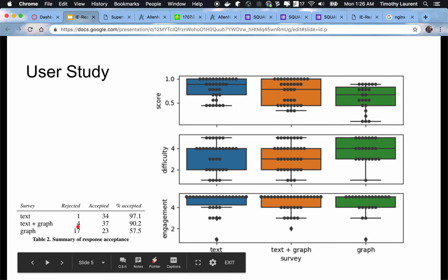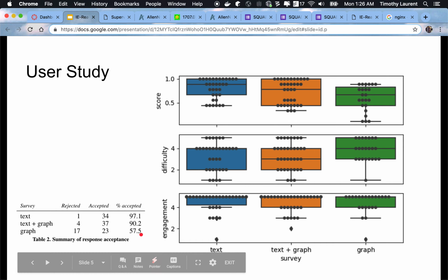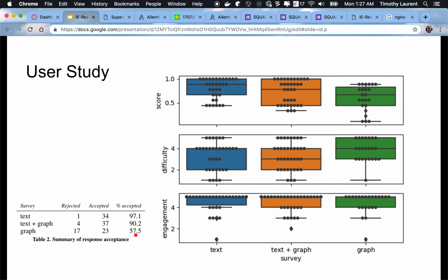Some of these were because there were duplicate answers, so I'm not sure that this is really indicative of much. I think this could have been attributed to one where I had to remove 3 duplicates, so these might have been essentially equal. But with the graph only, 57% of the people who started it finished it, and I was able to use the data.